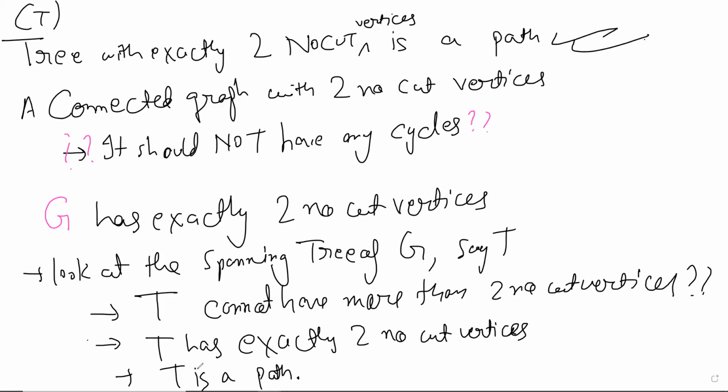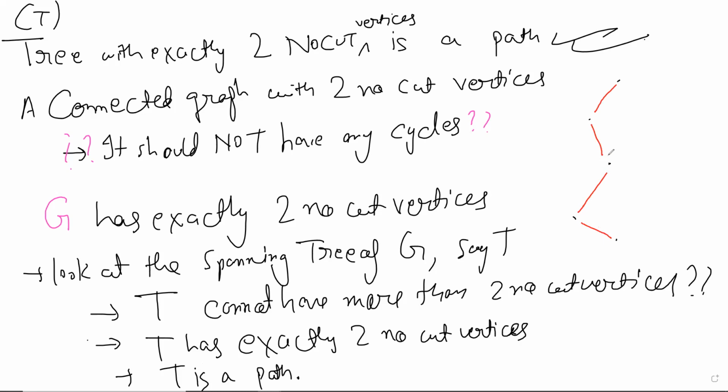That means that its underlying tree, now remember, the underlying tree uses all the vertices, right? T has all the vertices of G. T doesn't have all the edges. So the underlying tree is just a path.